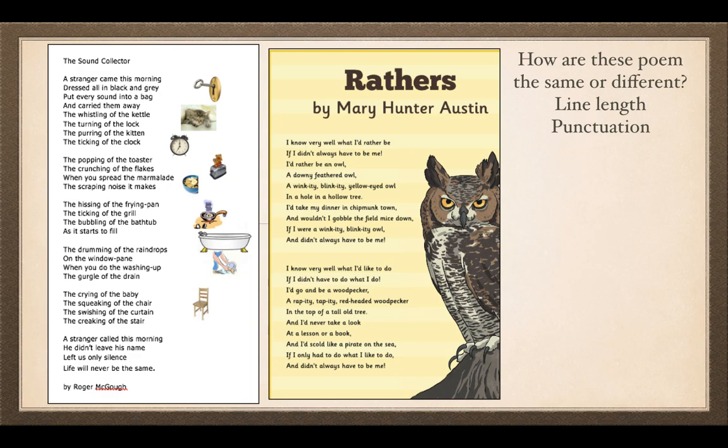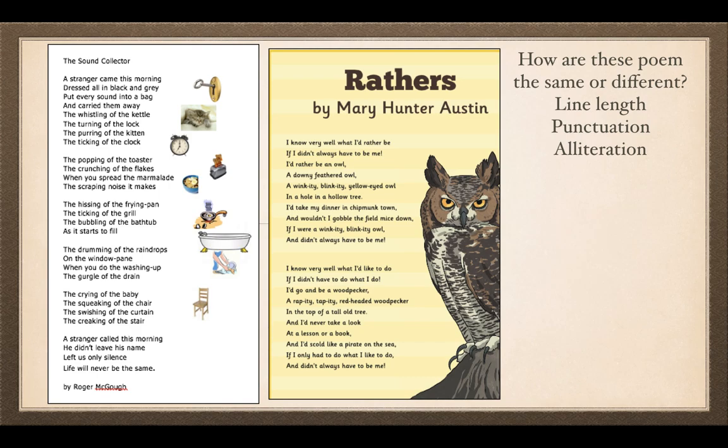Is there more punctuation in sound collector or more punctuation in Rathers? How does that make a difference to how you read the poem, or the rhythm that you can build up, or the speed that you can read the poem at? So punctuation is very important.